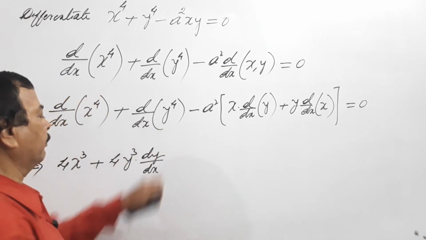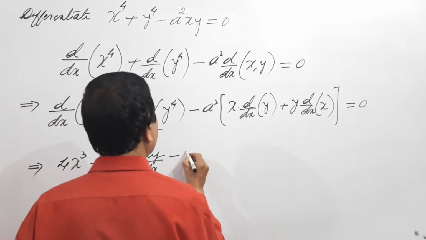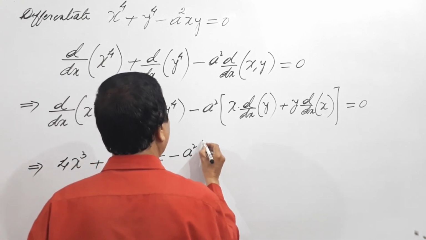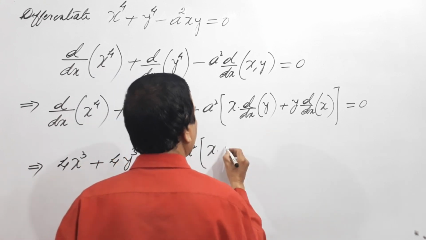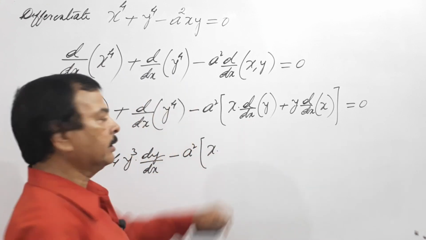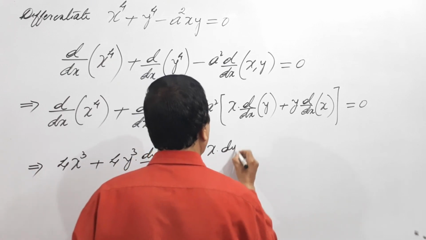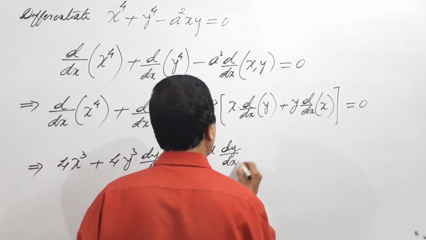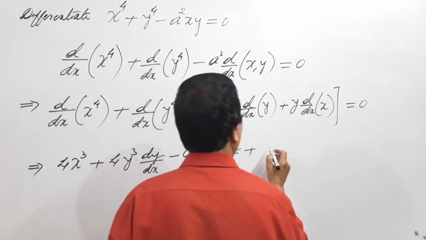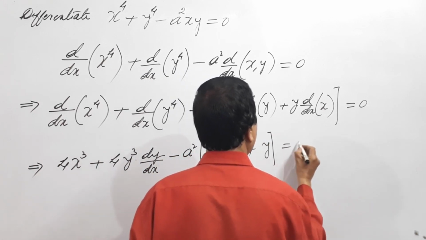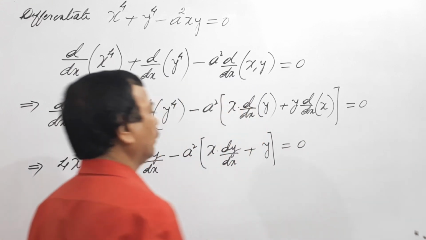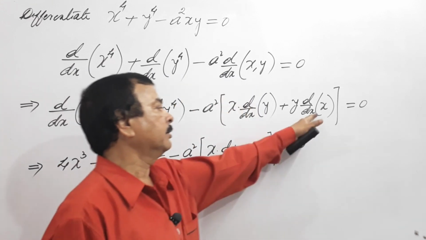You have to differentiate the y's also. So this minus a square I take as it is, and this becomes x into dy by dx, plus y, equals 0, because d by dx of x is 1.